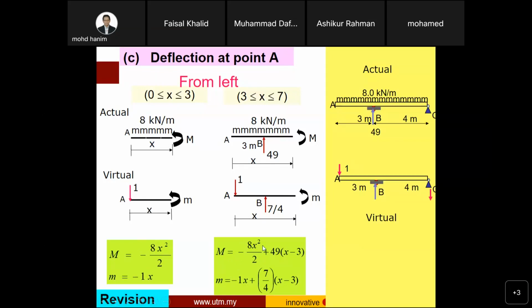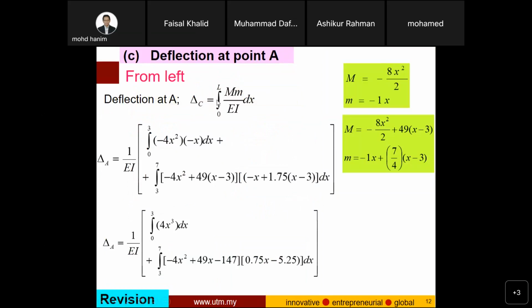You have to be familiar with this derivation of moment. For the virtual load or unit load, m equals what? Negative 1. Why is it negative? Because it is counterclockwise. Plus 7 times 4. This one is the reaction.